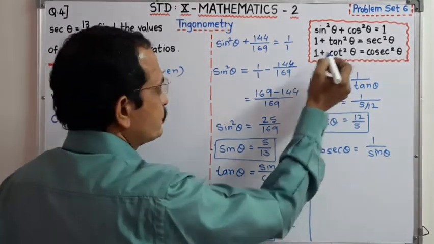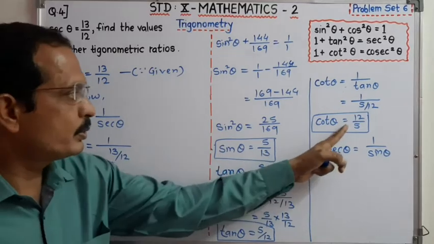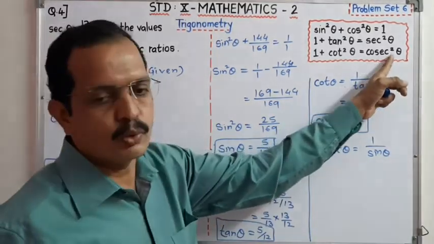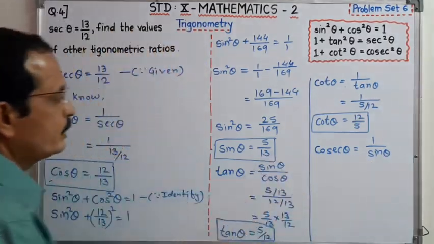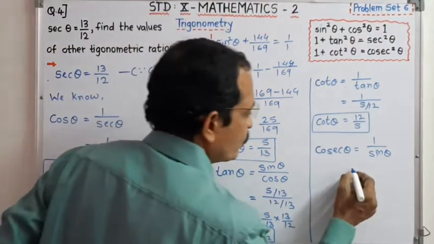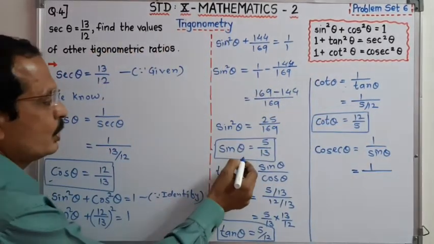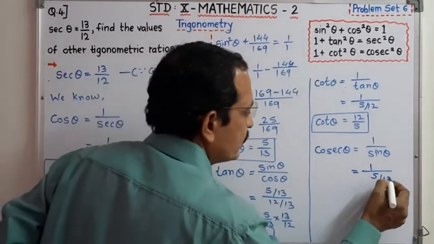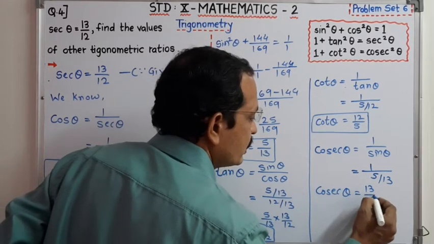In that we substitute the value of cot theta, 12 upon 5, then we can find out cosec square theta. Or just we know the sine theta, therefore we can use the cosec theta. Therefore cosec theta is equal to 1 upon sine theta, and sine theta is equal to how much? 5 upon 13. Therefore cosec theta is equal to 13 upon 5.